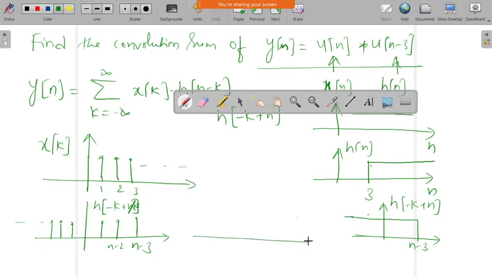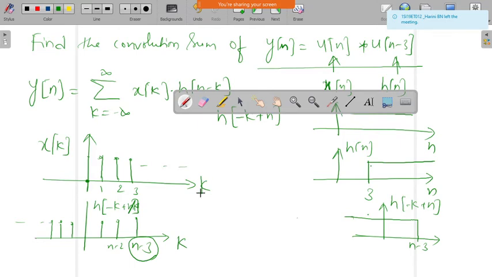Now we need to get the value for the convolution y of n. For that, we need not sketch, we just need to see where the samples exist. You can see whenever this n minus 3 is less than 0, because both are now in the k variable, then the samples of h of n minus k are shifted. If n minus 3 is less than 0, what will happen?